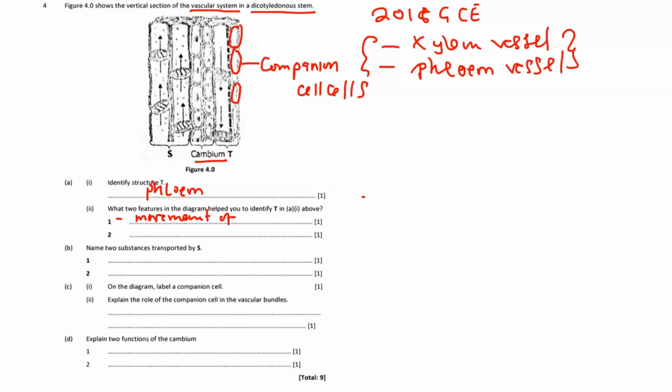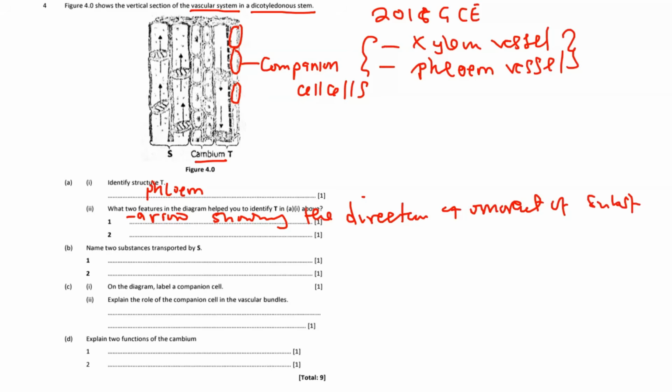One is the arrow, showing the direction of movement of substances. Where are the arrows going? Downward. So that is one feature that helped us.